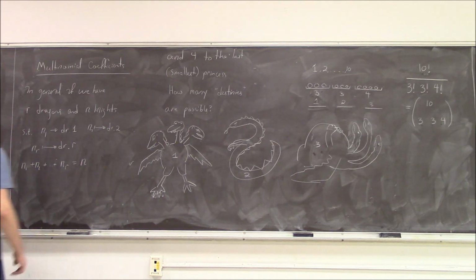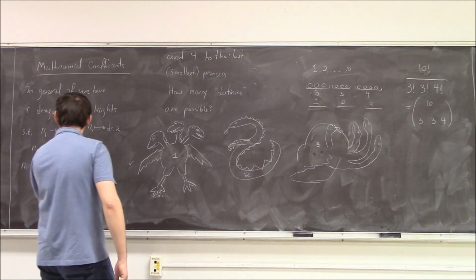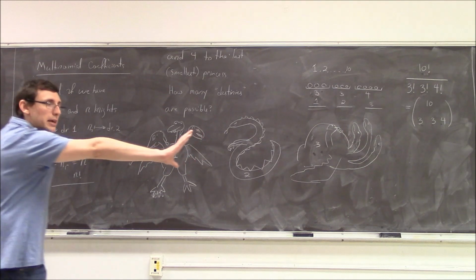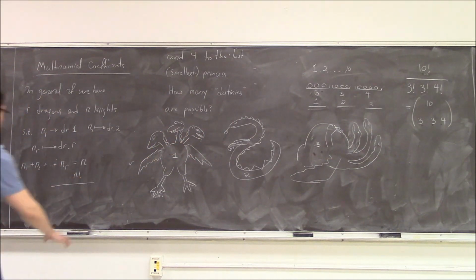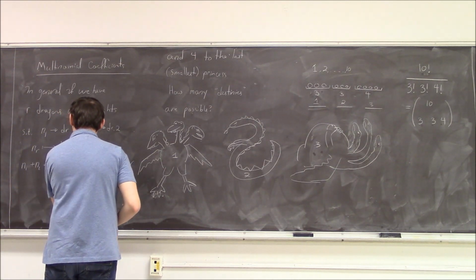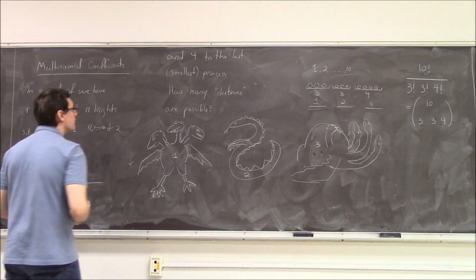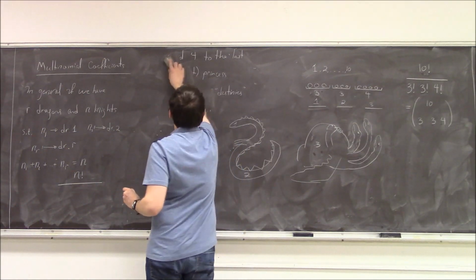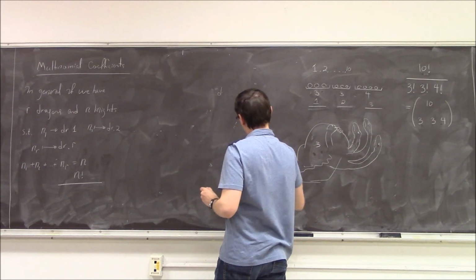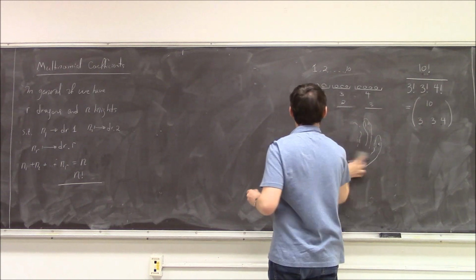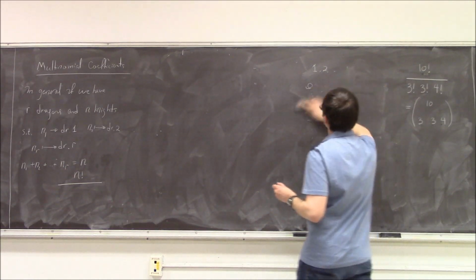If that's the situation, then how many destinies are possible? Well, I have n knights, so I have n factorial ways of placing the knights in linear order. How many trays do we have? Well, we have r trays, where each tray is a dish for the dragon.